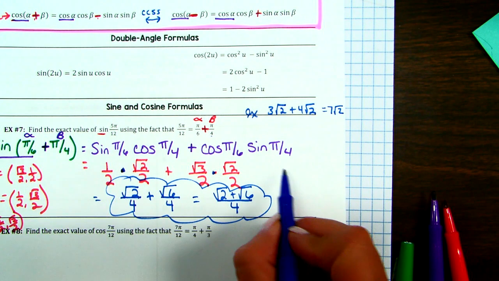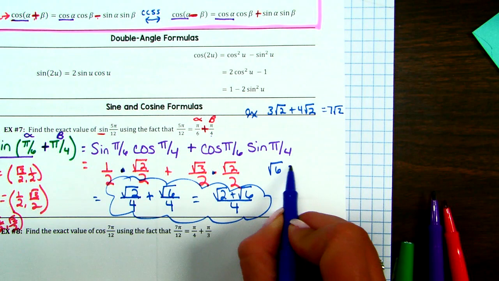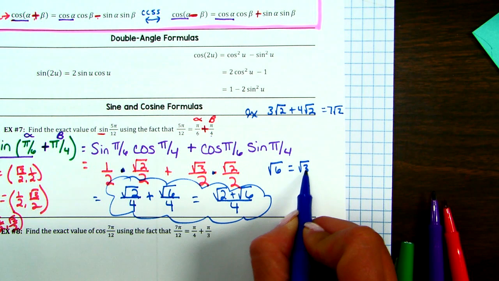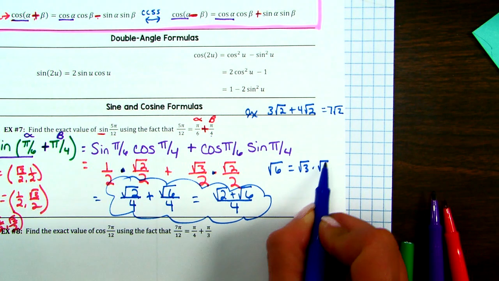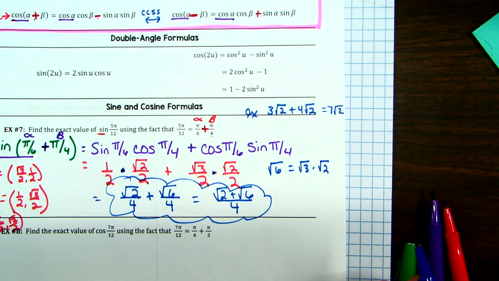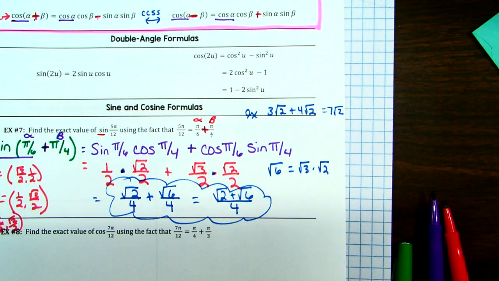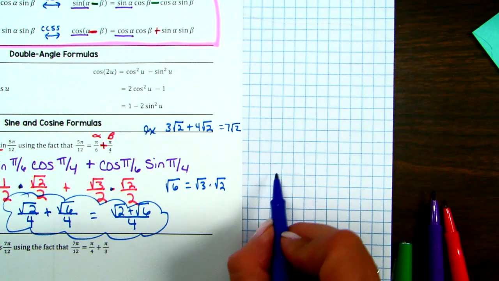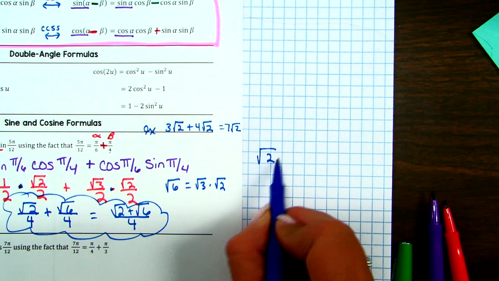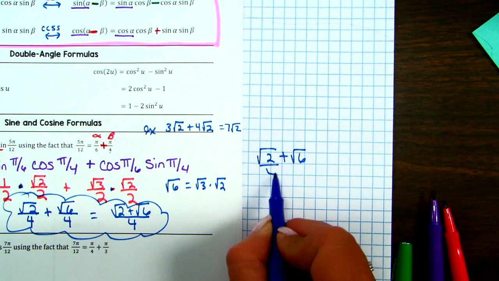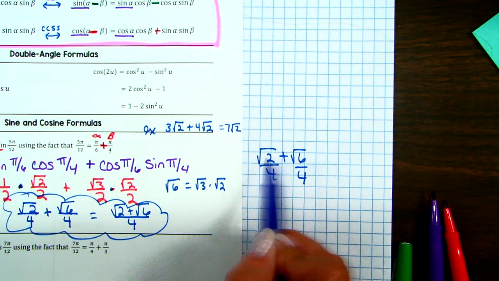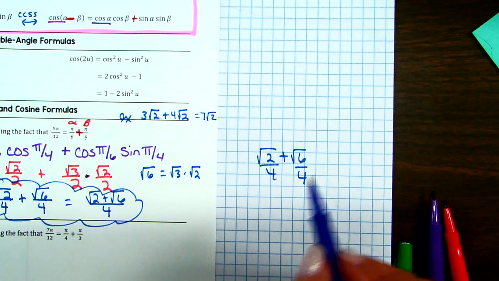So what are you thinking that could be? You're right, you could do the square root of 6 equals the square root of 3 times the square root of 2. So I guess one thing you could do, if you wanted to, is take the square root of 2 plus the square root of 6 over 4, and you could factor out the square root of 2, but it really doesn't simplify it.